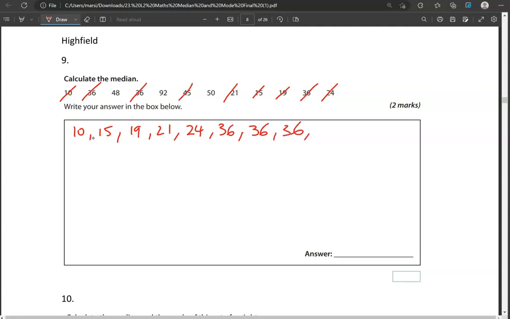We have 45, 48, and 92. Crossing out 1 on each side, and we get 36.